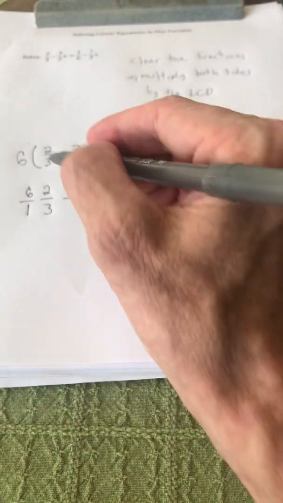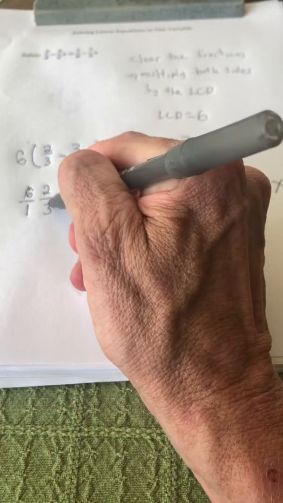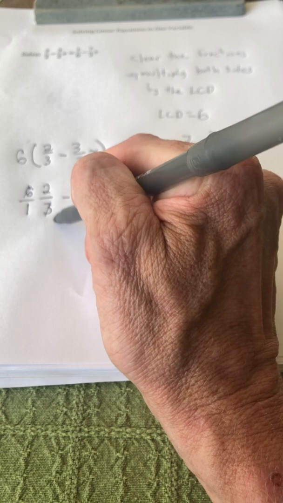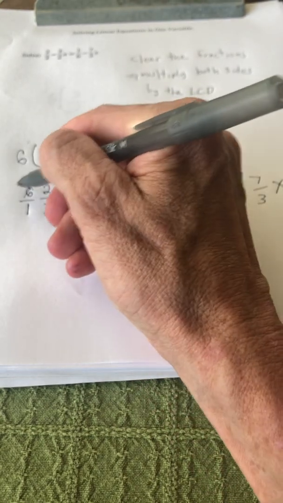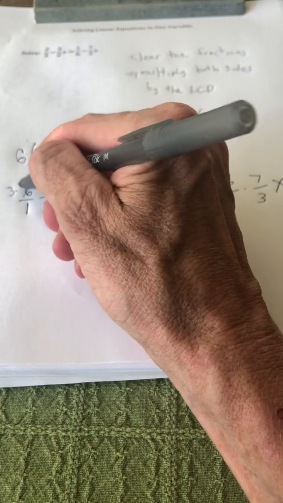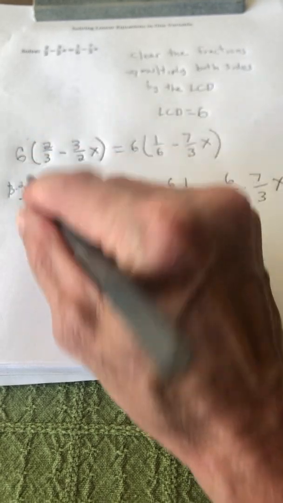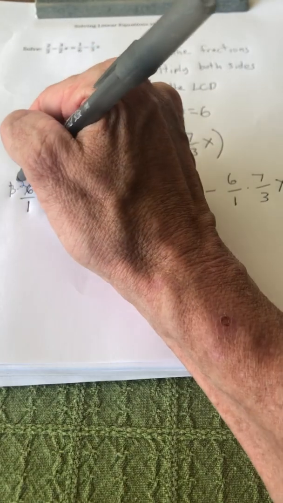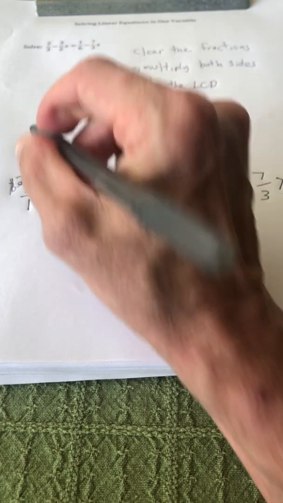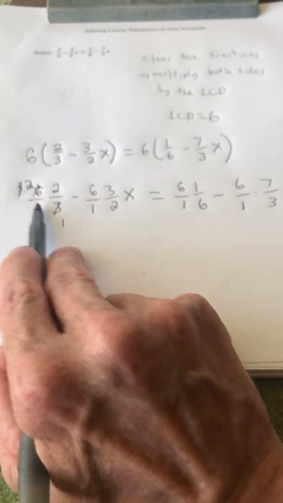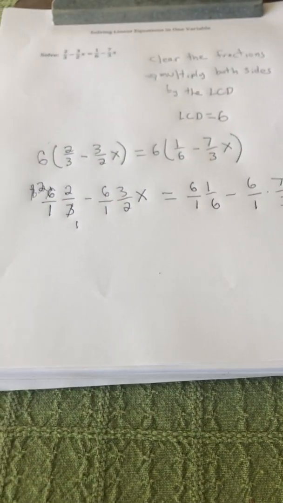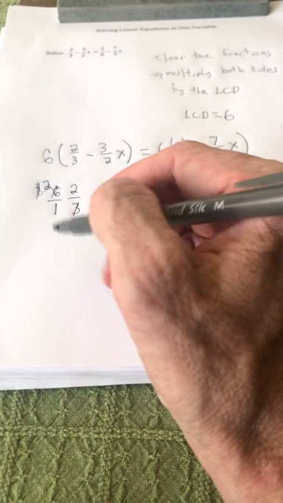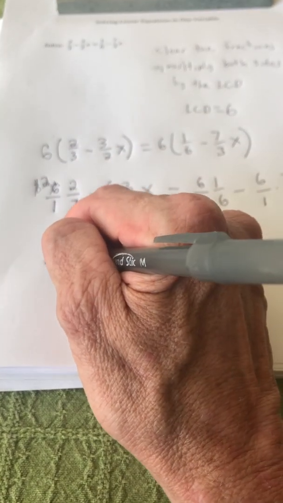What ends up happening is 6 can be written as 3 times 2. And this factor of 3 cancels with that factor of 3. So what I have now is 2 times 2, which is 4.